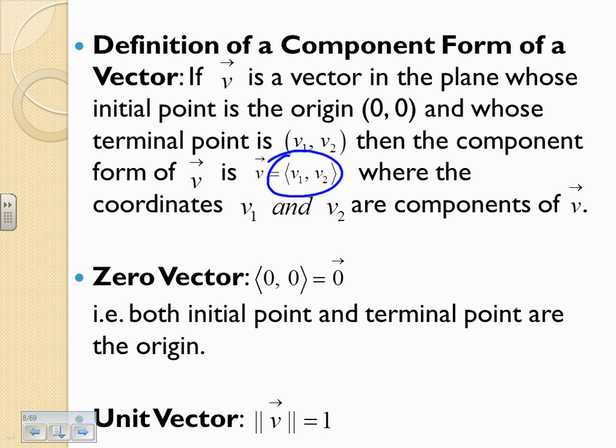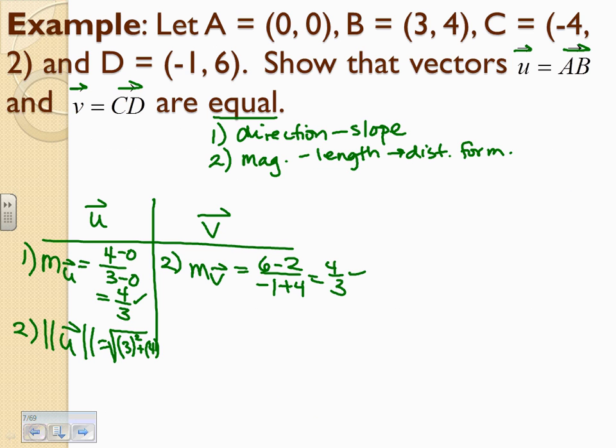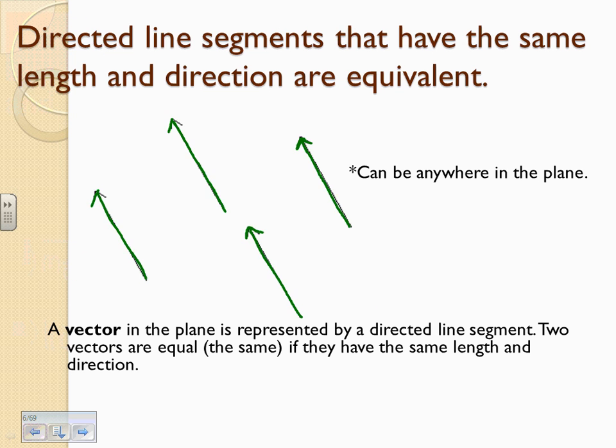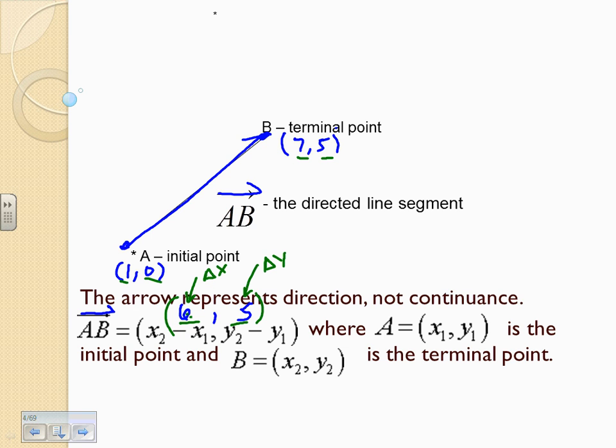Alright, so basically when we did all the way back, right here, and we found this guy right here, we could say that whatever this vector was, vector AB, in component form would have been 6, 5.